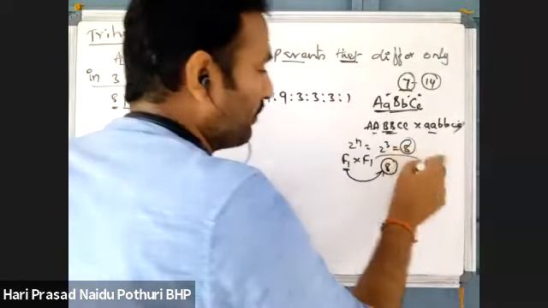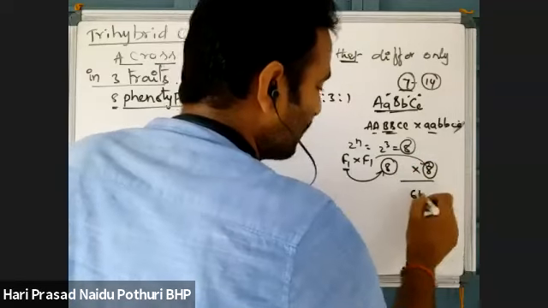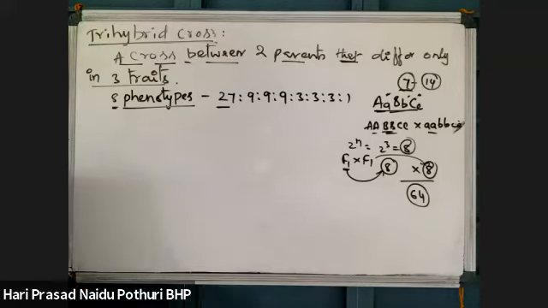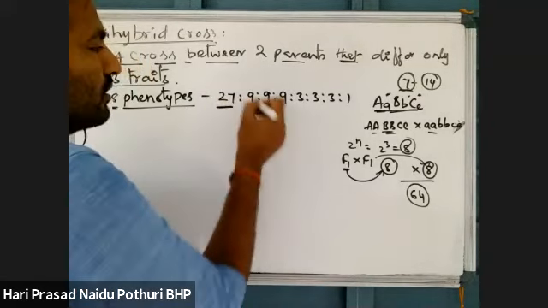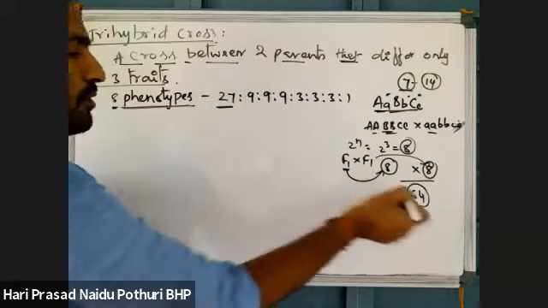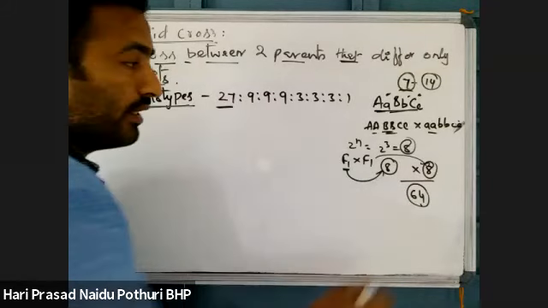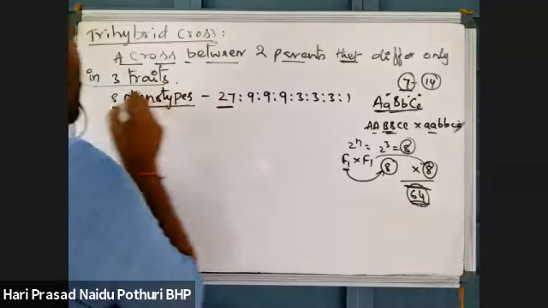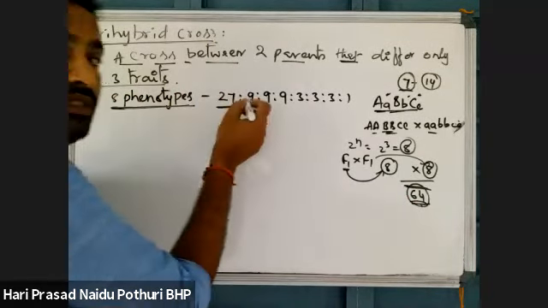A total of 64 different offspring are possible. Among the 64 offspring, 8 different phenotypes are possible.